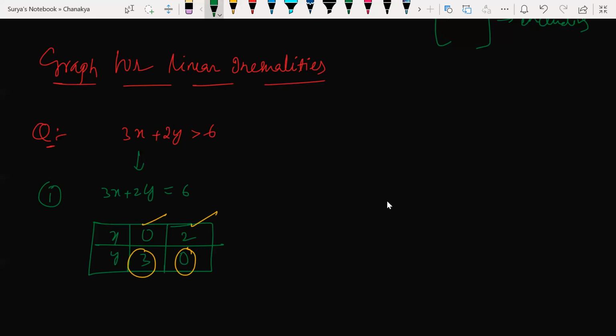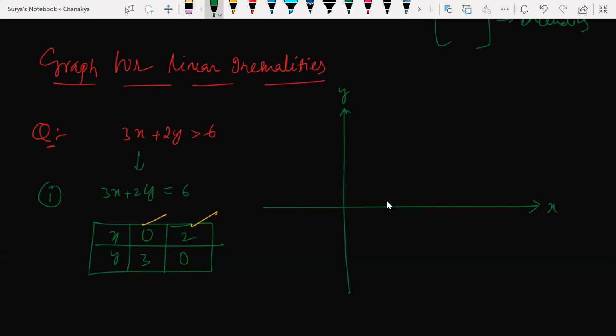Next, look at this here. What I'm going to do here is, listen to me carefully. If you don't listen to the class, you will not understand it. It's very simple. So this is my y-axis and x-axis. Let us plot these points on the graph. Very simple.